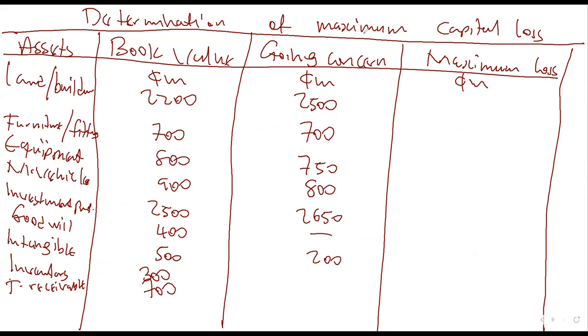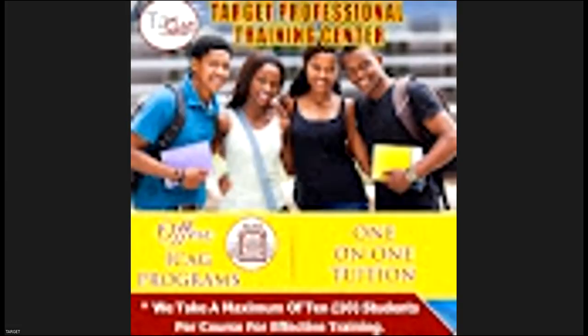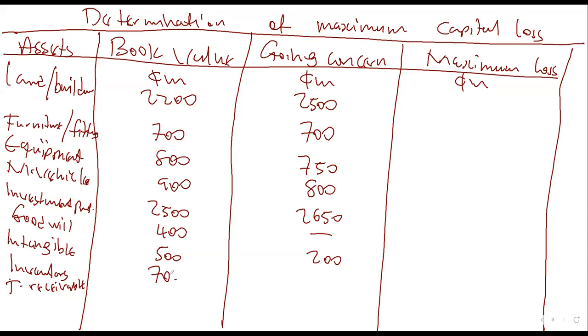Okay, I think we have interchanged these figures. All right, so inventory happened to be 700, and this one is 300. This is 380, and this is 240.